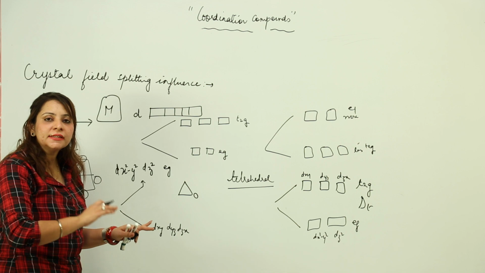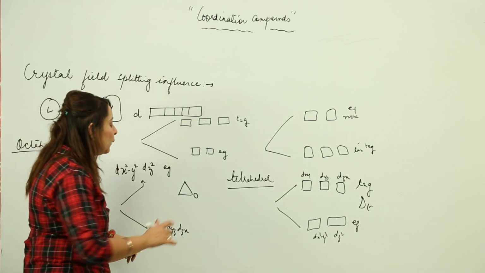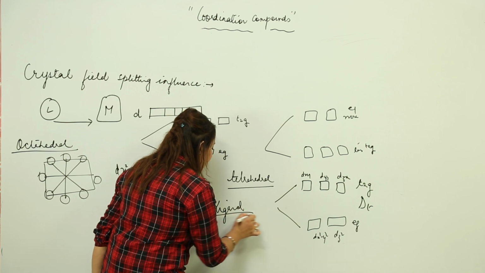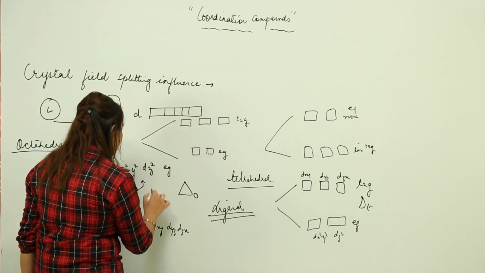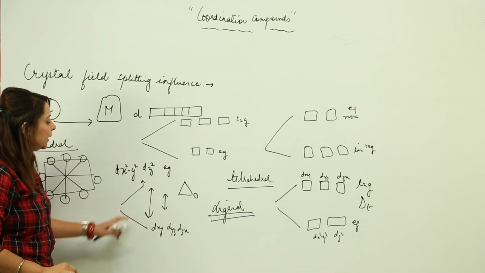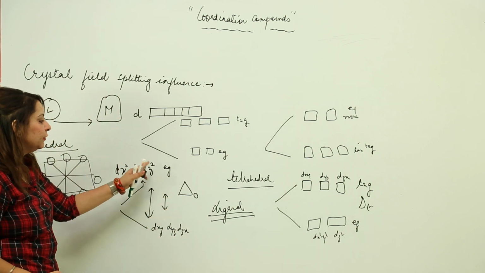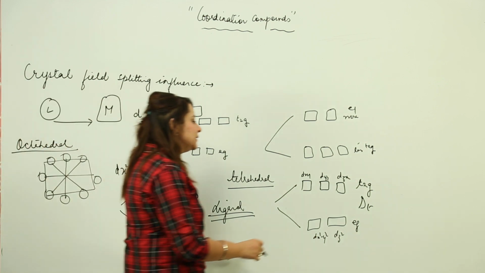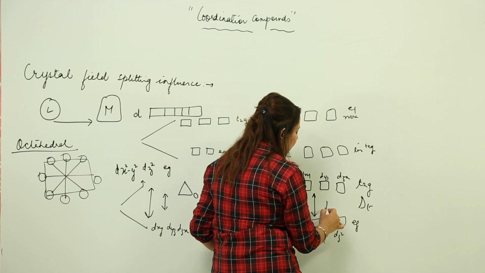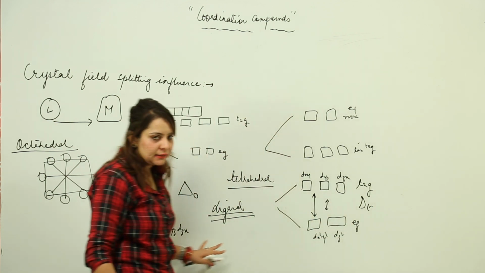So this is going to be the same every time, but depending upon which ligand actually enters, the splitting can be more or less. That means there can be a strong difference of energy or a weak difference of energy. Likewise, it can happen in this case. There is a chance that they have more energy gap, or there is a chance they may have less energy gap.